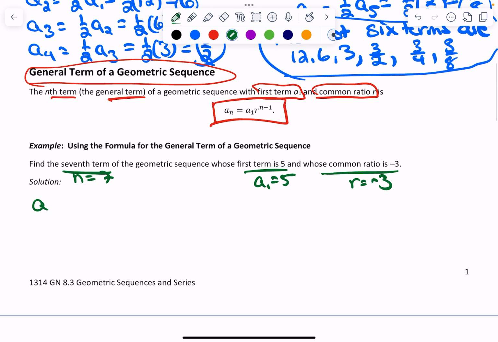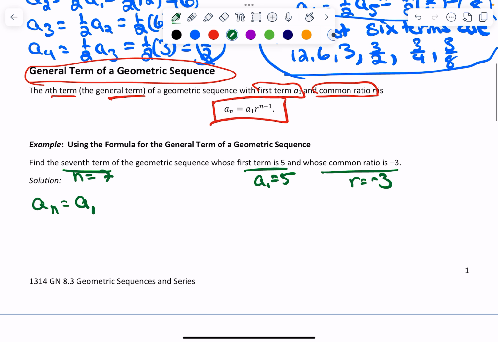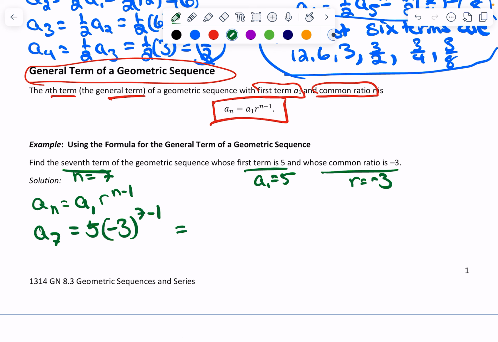So we're using the formula for the nth term here. So seventh term, first term is 5, common ratio is -3, and it's going to be to the power of 7 minus 1. So 5 times -3 to the power of 6, which when you plug in the calculator, we get 3,645.